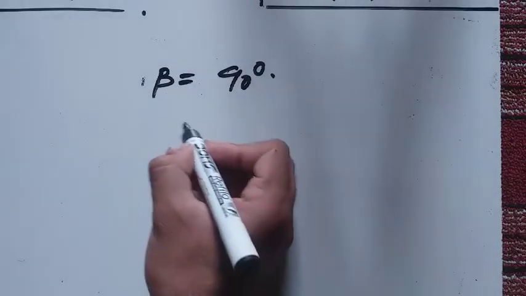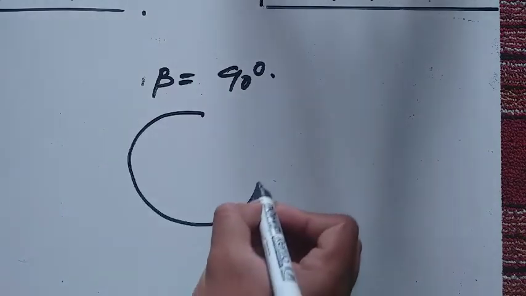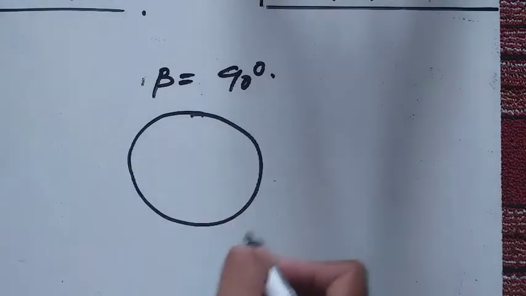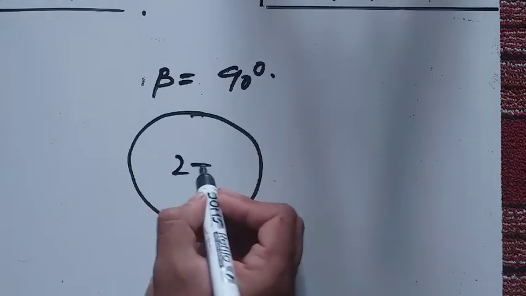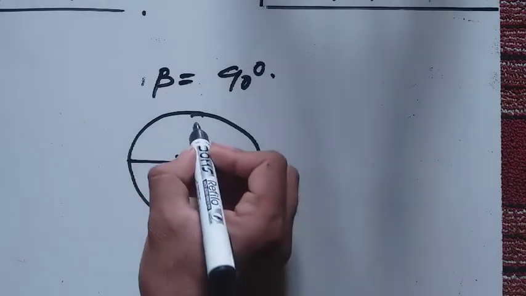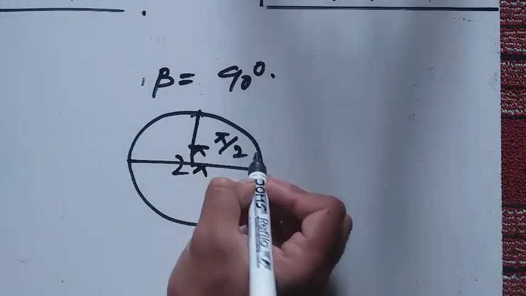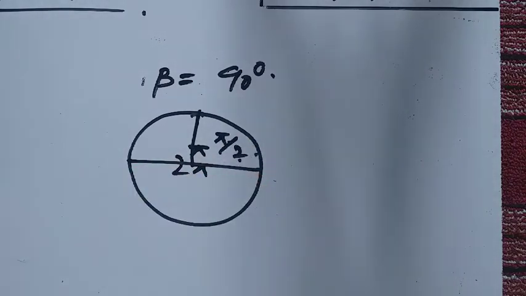You just know that the circumference of the full circle, the boundary covered by the whole circle, is 2 pi, and half of this is pi, and half of this pi is pi by 2, and this pi by 2 is 90 degree.